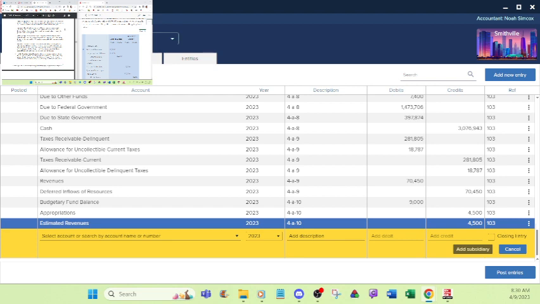Interest and penalties receivable was increased. Increase a taxes receivable. Well, this is just stuff we've done before, isn't it? Wait a minute. Where are we at? We're receiving goods from a prior year.